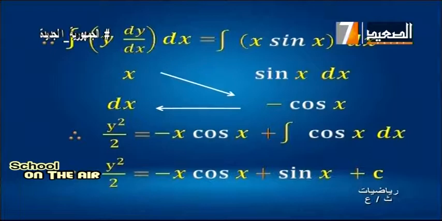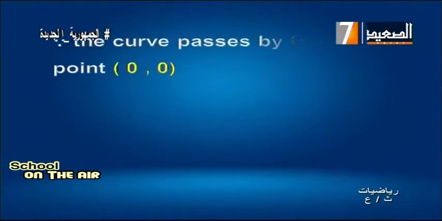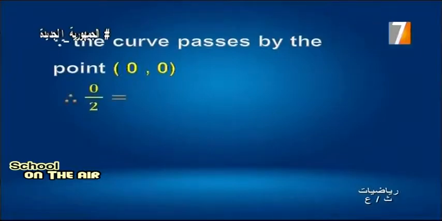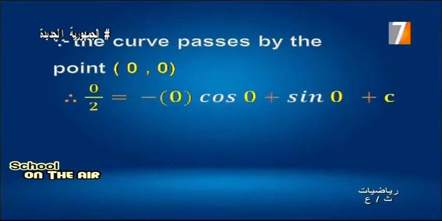What is the value of the constant c? Since the curve of the function passes by the point (0, 0), then 0 over 2 equals negative 0 cosine 0 plus sine 0 plus the constant c.